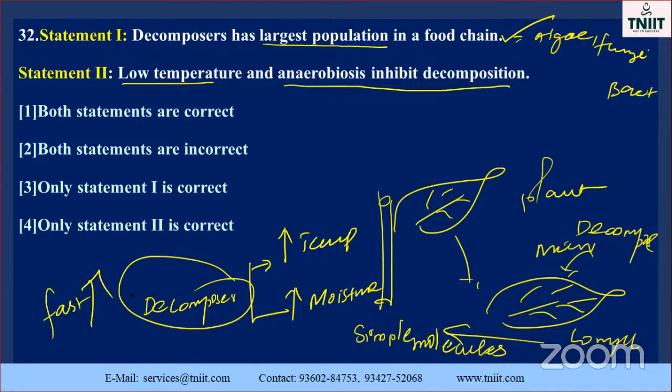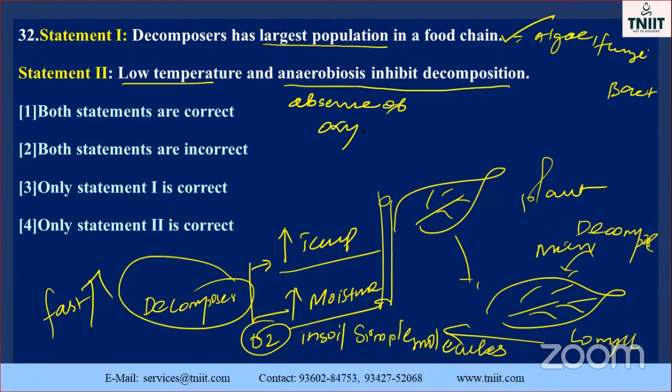If you want a fast decomposition reaction, you have to increase the temperature as well as the moisture in the soil. Moisture also means the addition of oxygen. Oxygen is essential, but here they told anaerobic, which means the absence of oxygen.